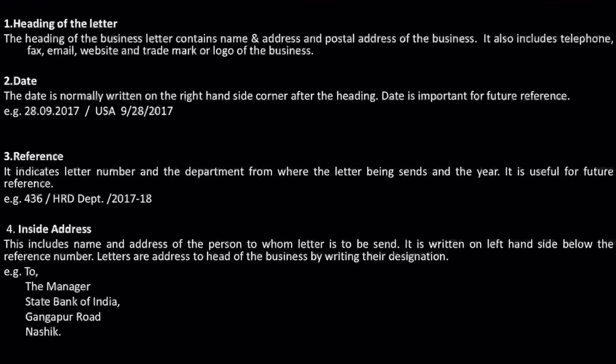This includes the name and address of the person to whom the letter is to be sent. It is written on the left hand side below the reference number. Letters are addressed to the head of the business by writing their designation. Example: to the Manager, that is the designation, State Bank of India, Gangapur Road, Nasik.